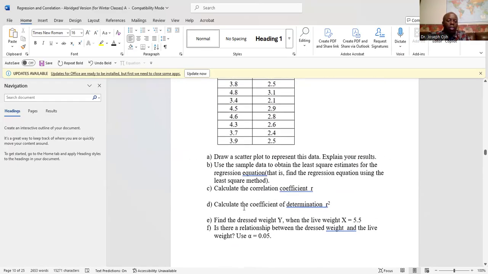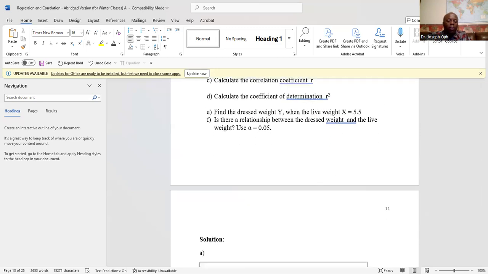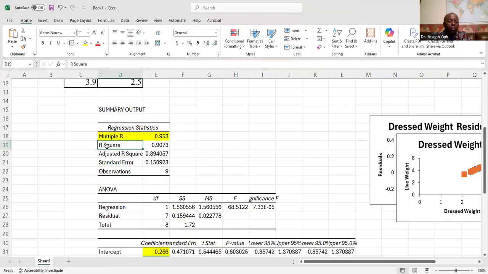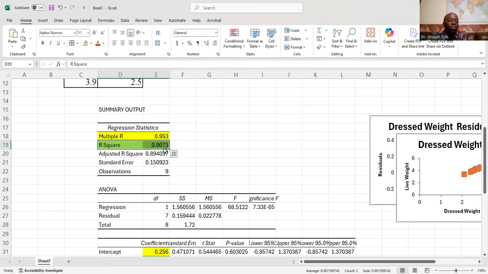part D. Calculate the coefficient of determination R squared. So again, it has been done for us. Okay. R squared is right here. You can see it right here. R squared. So I'm going to highlight it light green. You see 0.902.